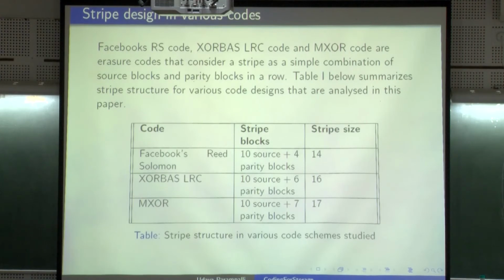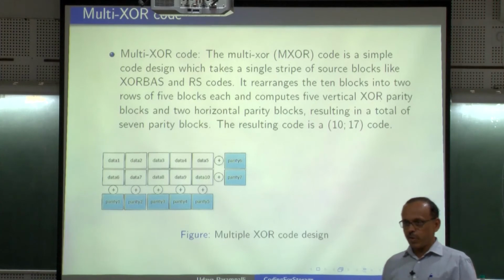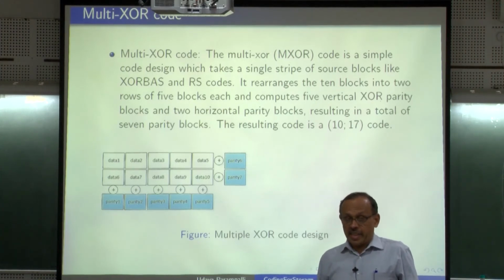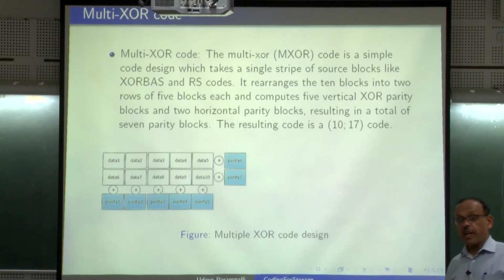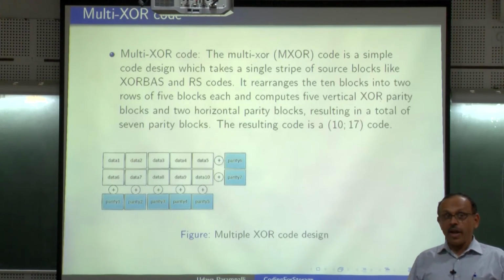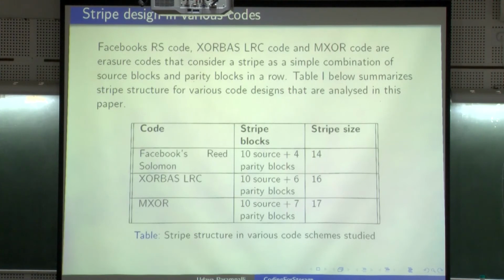Even though in MXR code I have an array, the stripe for that is still one dimensional. Is that clear? There are some non-trivial coding technologies where the stripe can be more than one row. I'll come back to that in the advanced code period. But at least the MXR code is still one row, so for all our comparisons we only use a stripe which is just one row.